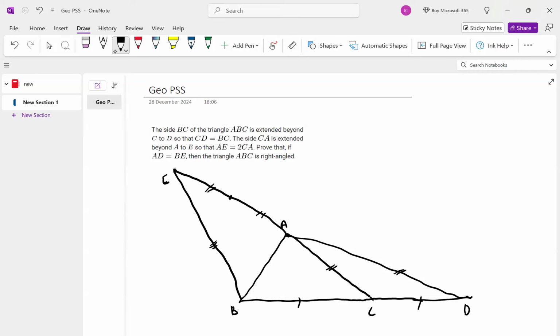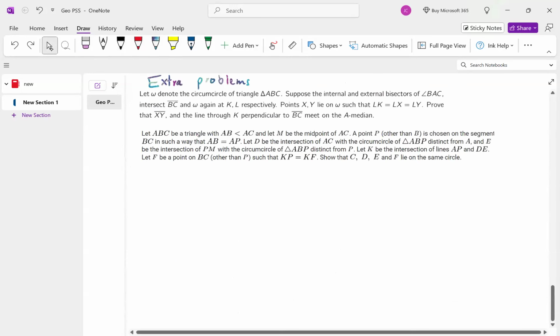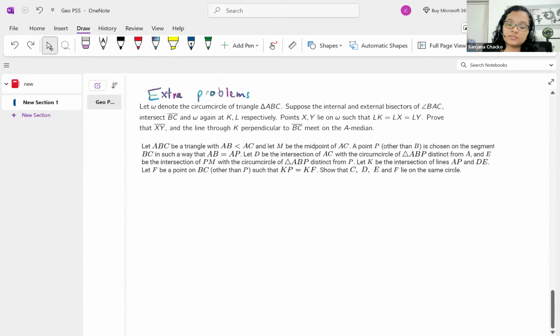I just want to be clear about the first extra problem that you've given. In that extra problem, they said, suppose the internal and external bisectors of angle BAC intersect BC and omega again at K and L. So the internal bisector intersects at BC and the external bisector intersects the circle. Okay, cool.